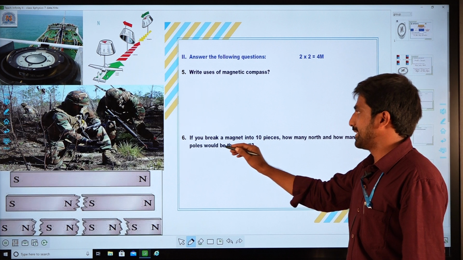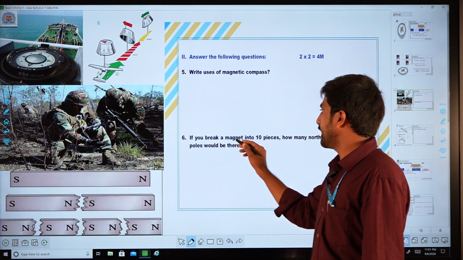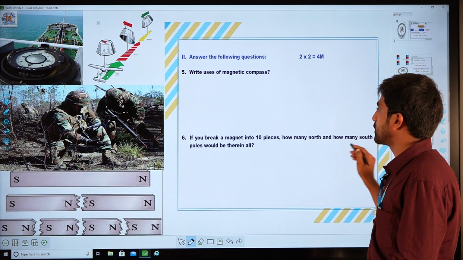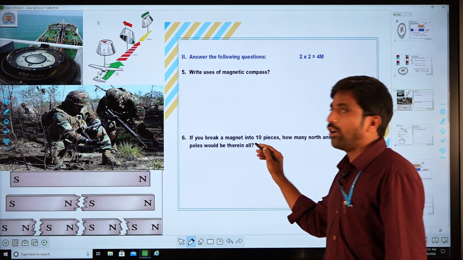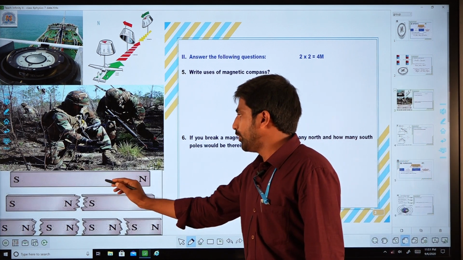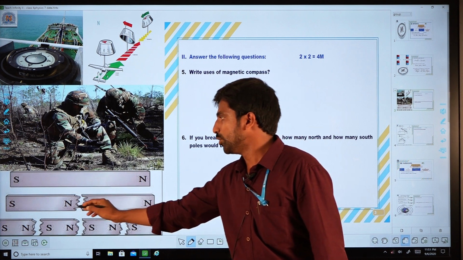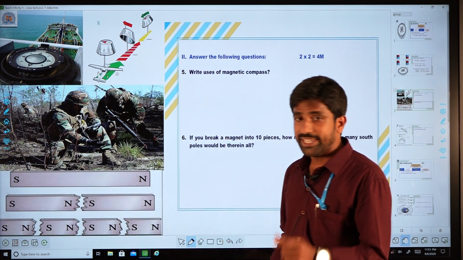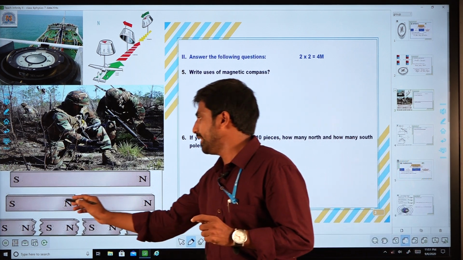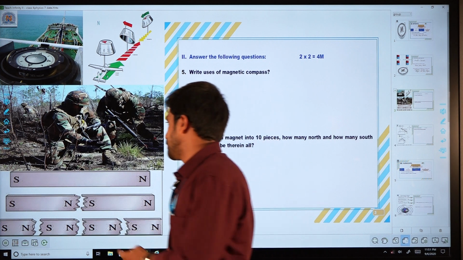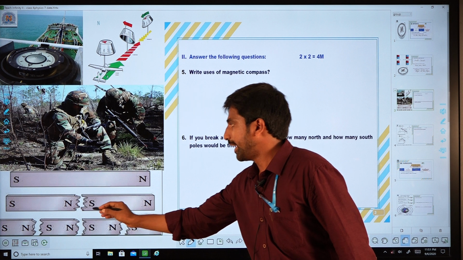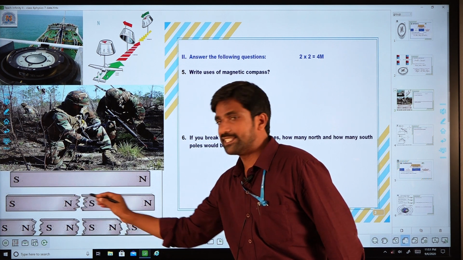Coming to question number 6, if you break a magnet into 10 pieces, how many north and how many south poles would be there in all? If you take one bar magnet and cut it into different parts, each and every individual piece works as a magnet. This is a bar magnet cut into two pieces. Again these two pieces act as bar magnets.